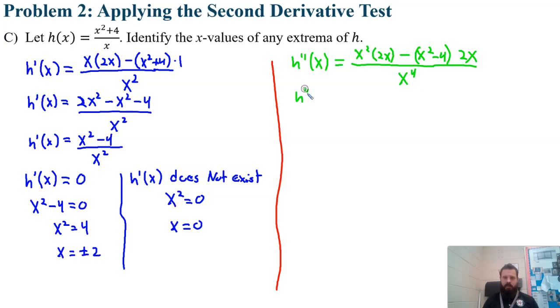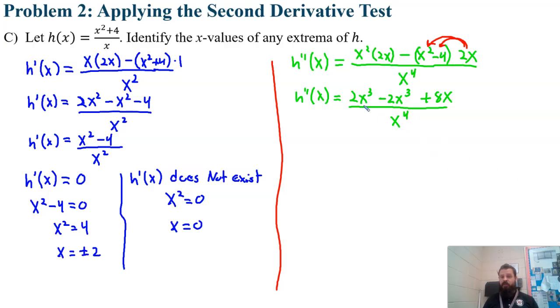We can clean that up as we'd have a 2x to the 3rd. And distributing here, this would be minus a 2x to the 3rd. And then minus a negative 4 times 2x would be plus 8x, all over that x to the 4th.